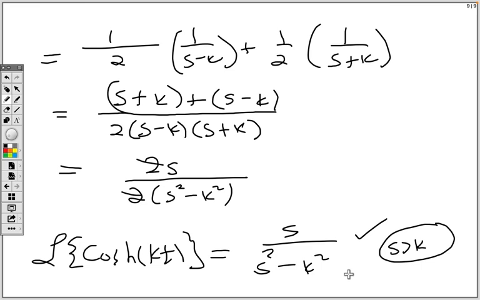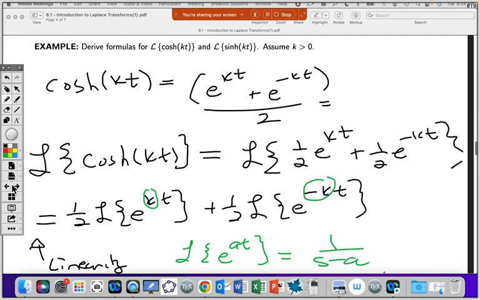Now, this is one of these derivations where you can easily swap things out to figure out what sinh is. I could go back and do this same thing with sinh. The only difference between cosh and sinh is that instead of this plus, it would be a minus. And then I could just follow that through.